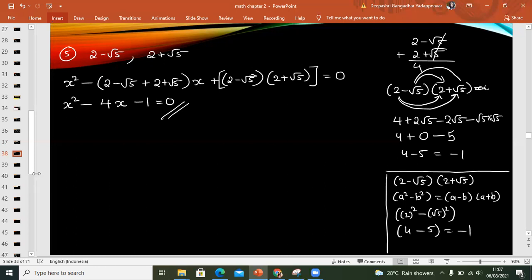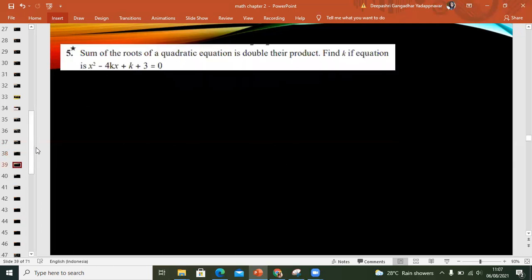Okay. Next, question 5. Sum of roots of a quadratic equation is double their product. Find k if equation. We have to read this question again to understand what the question is asking. Sum of roots of quadratic equation.